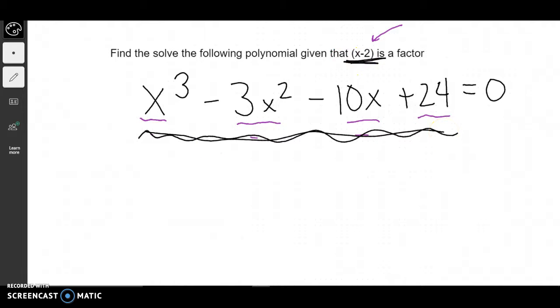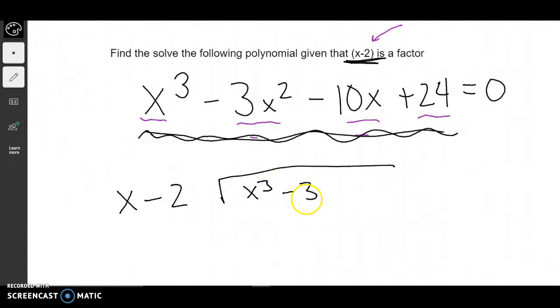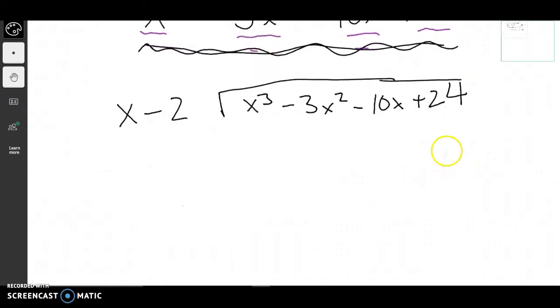Now we could use long division, which would look something like this. But long division takes a little bit, so we're going to use something that's a bit faster, which is synthetic division. If you remember, synthetic division means make this thing a 0. So 2 would make this thing a 0. That goes in the little box.